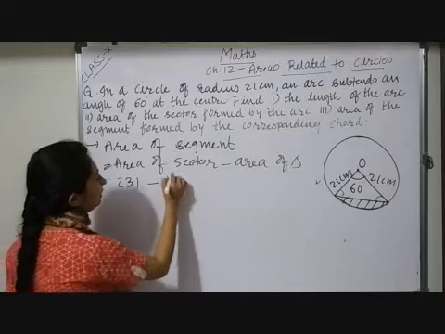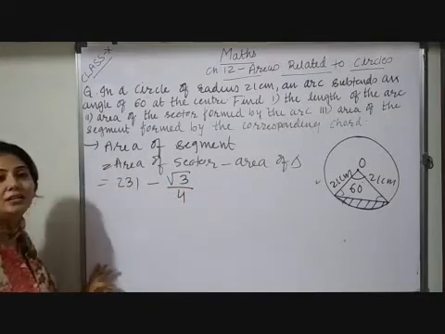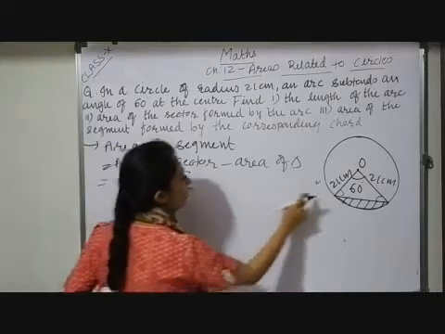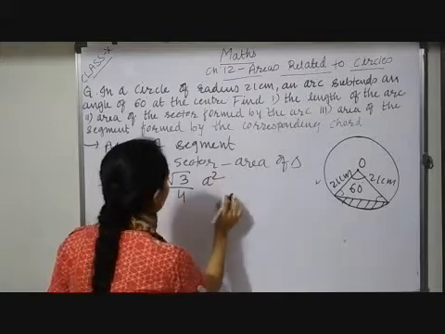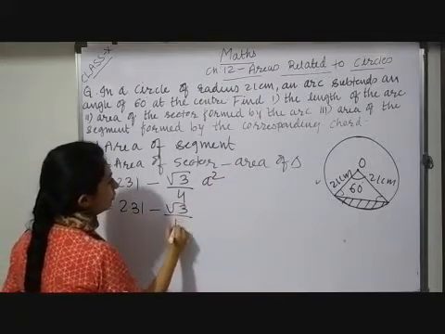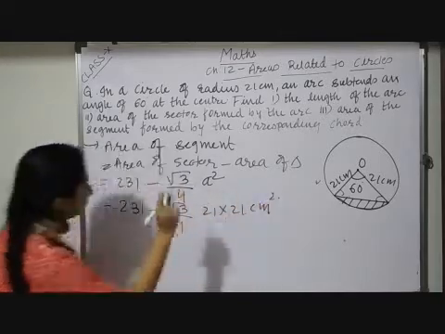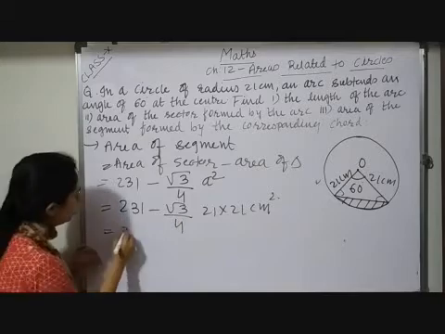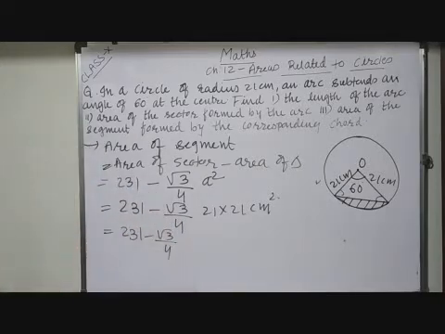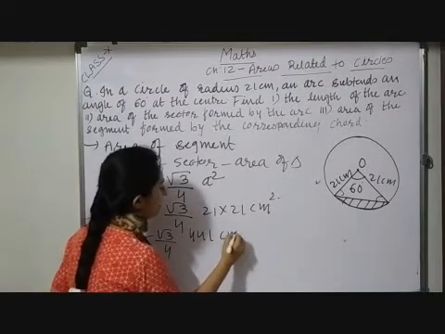So here you have to use the formula root 3 by 4 a square; in 9th standard, in chapter number 12, Heron's formula, you have studied. So here my a square is 21 into 21 centimeter square. Now 231 minus root 3 upon 4 into 21 into 21, here we will get 441 centimeter square.